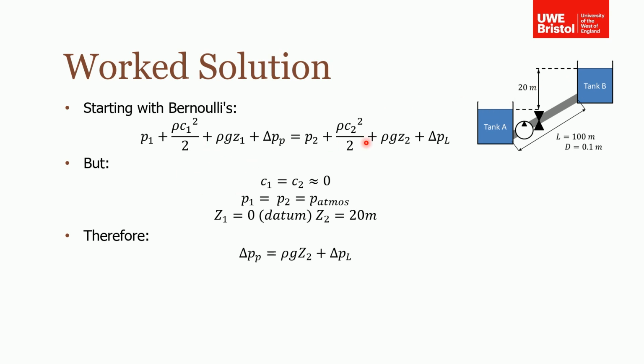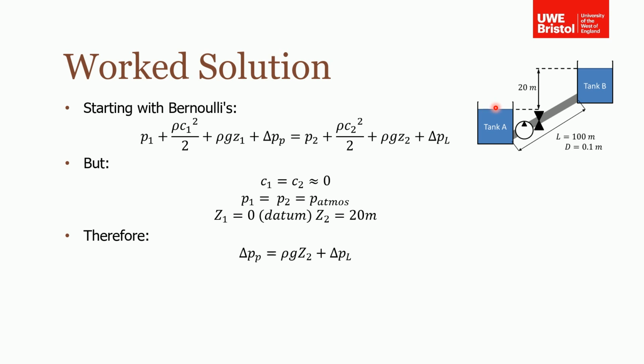So we can simplify this by making some assumptions. By assuming that the area of the tank is very large compared to the area of the pipe, the velocity in the pipe is very large compared to the velocity in the tank, so we can say that the velocity in the tank is negligible. So the velocity in tank A, C1, is equal to 0, and C2 is also equal to 0.